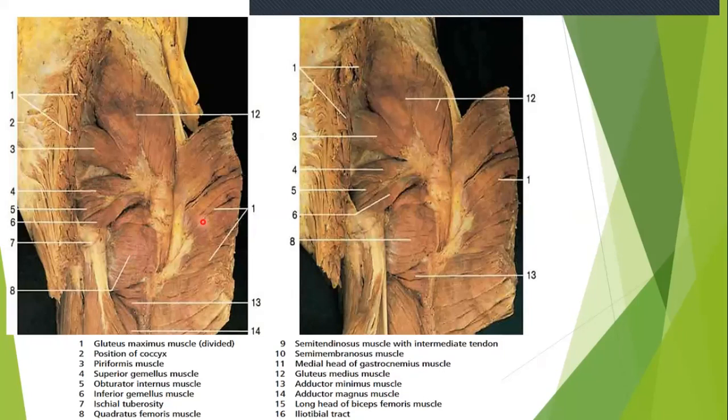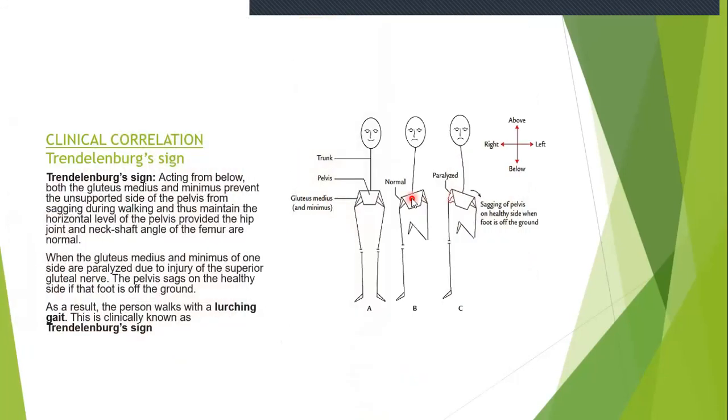Okay, so here your gluteus maximus has been cut and deflected. The same here: piriformis, superior gemellus, obturator internus, inferior gemellus, quadratus femoris. Now your obturator externus is on the other side, anteriorly. I don't have an image of obturator externus, but you can look it up.